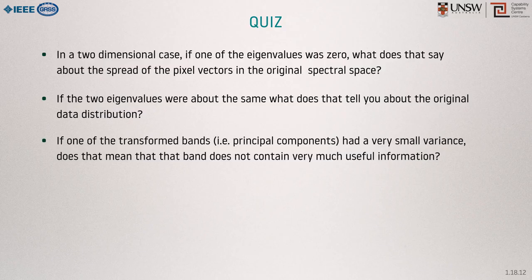The last question is particularly important and will arise time and again whenever you use principal components analysis. It is a common question in any situation where we seek to discard low variance components of a transformed dataset, not just with PCAs, but with other transforms as well that compress data variance into a small number of components.